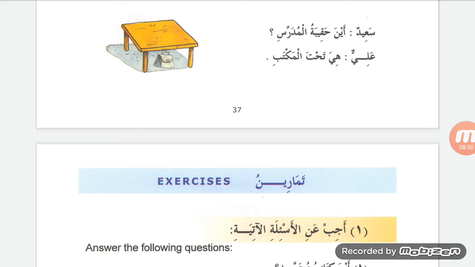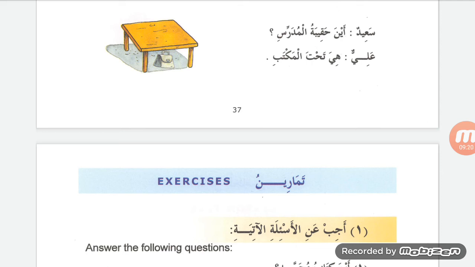So we see here, hiya has been used. Hiya is a pronoun, dhamir, used for singular feminine. And hiya is going back to haqiba. Haqiba, this word is feminine, mu'annath. How do we know? Due to its final letter, the rounded ta. This is a sign that this word is feminine.